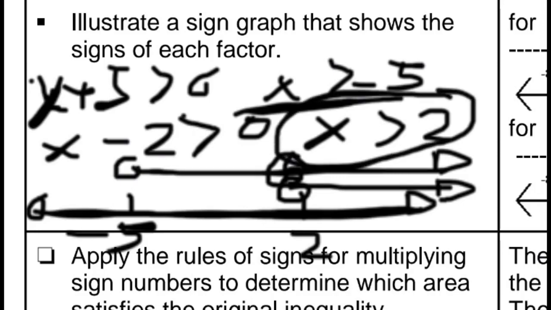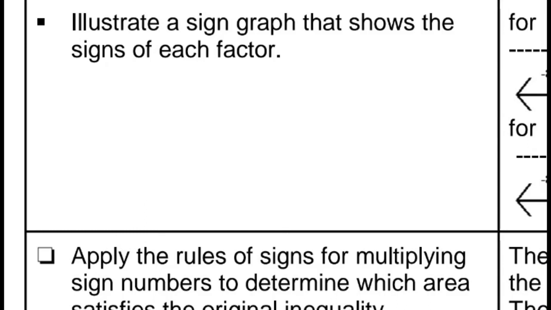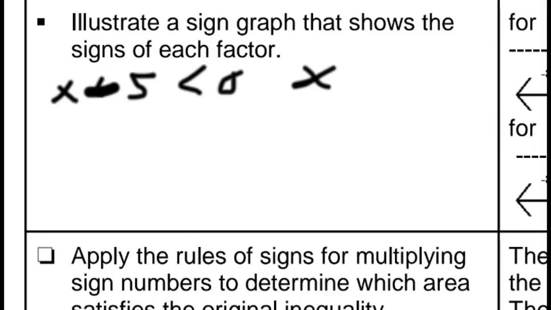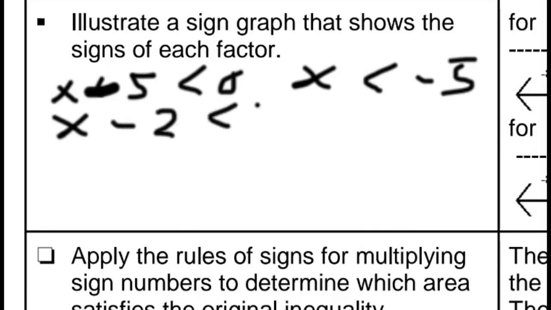Okay? And if we're going to have the second case, both are negative. So x plus 5 is lesser than 0. So we are going to have here x is lesser than negative 5. Second one is x minus 2 lesser than 0.